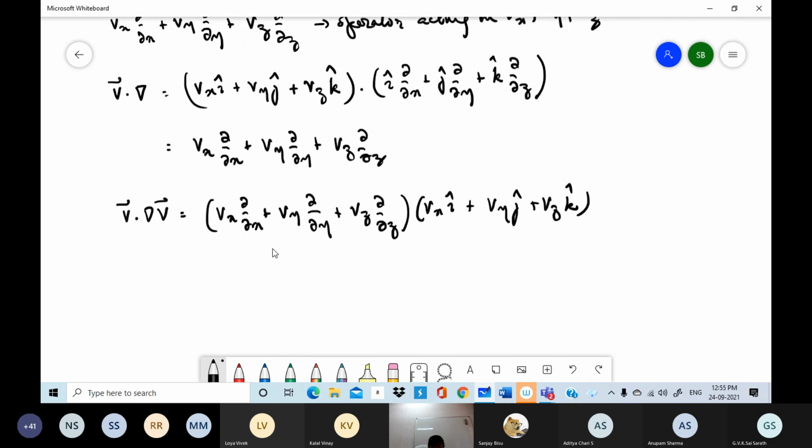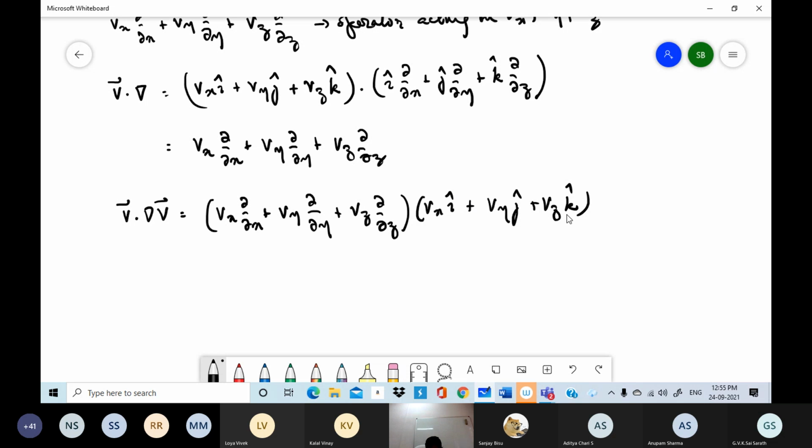Now the scalar operator involves differentiation with respect to x, y, and z and multiplication by vx, vy, and vz. Now the differentiation, that is where care needs to be taken.